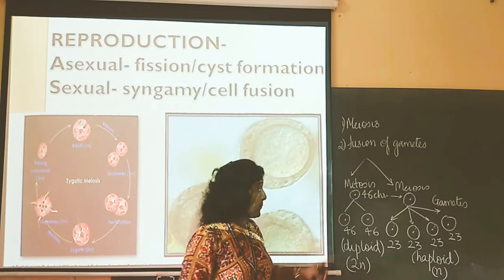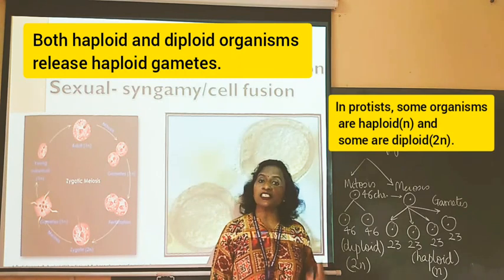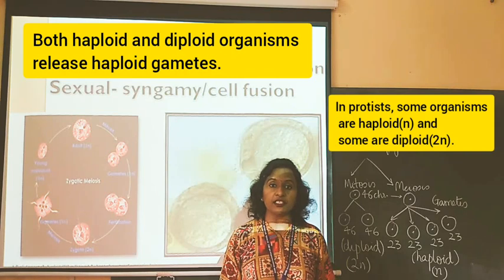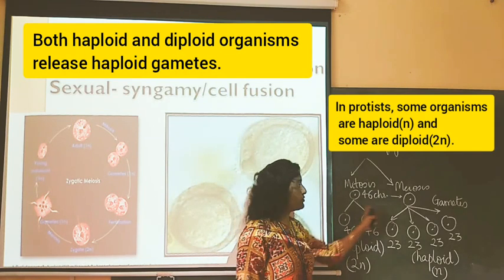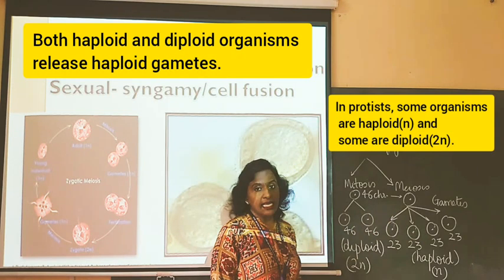So we should remember these two cell divisions that take place in organisms. In detail, you will be learning in the chapter on cell cycle, but right now you have to remember only this part.